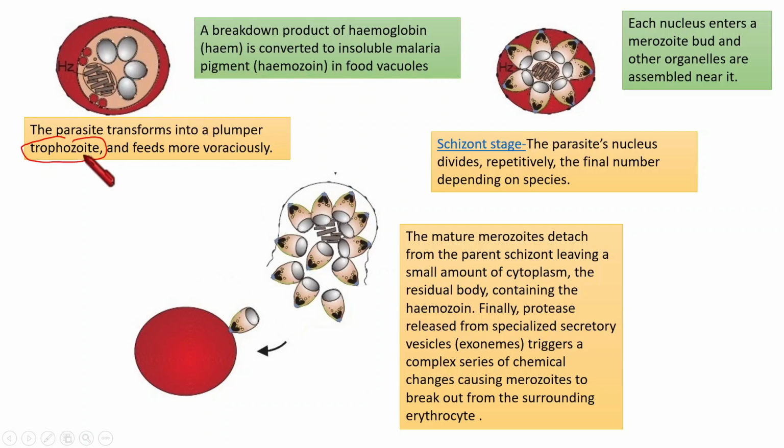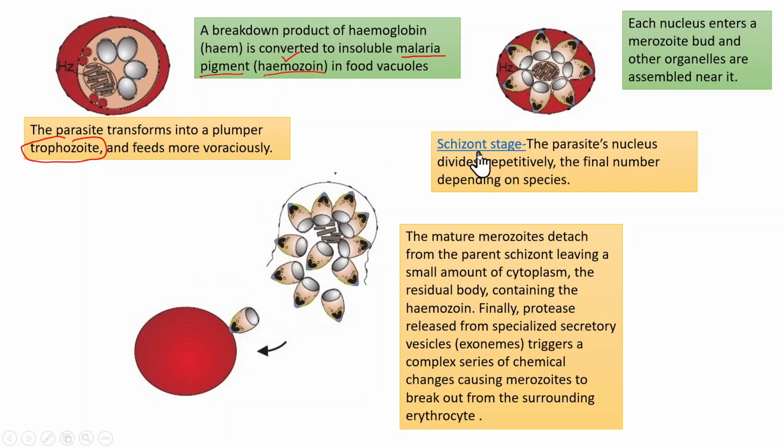So that's a plump trophozoite, and it starts to feed more voraciously. It breaks down the hemoglobin's heme and converts that into a malarial pigment. Its name is hemozoin, which we can see here. This is hemozoin.